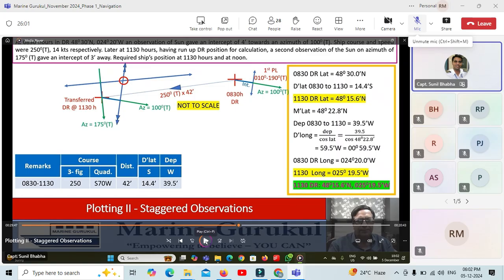So 11:30 DR is now calculated, beta. Any doubts still here? Very good.